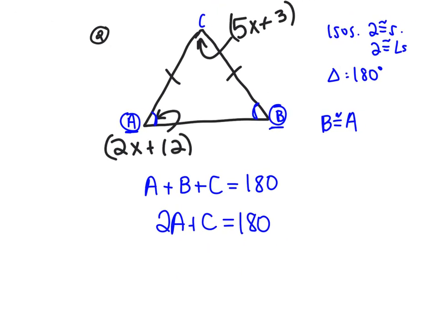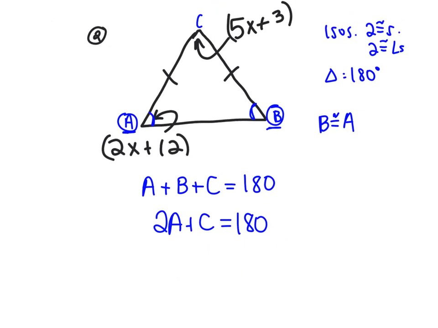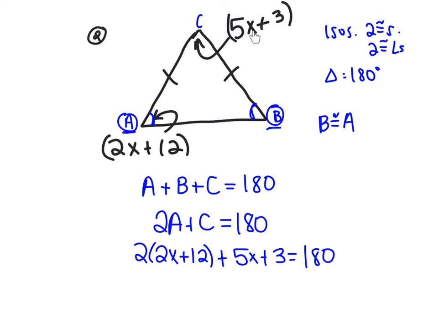Right? So now we just plug in and substitute. I can say 2 times my A measurement of 2x plus 12 plus my measurement of 5x plus 3 equals 180 degrees, because again, we're solving for this x variable.